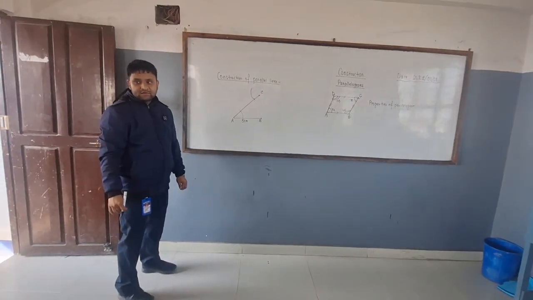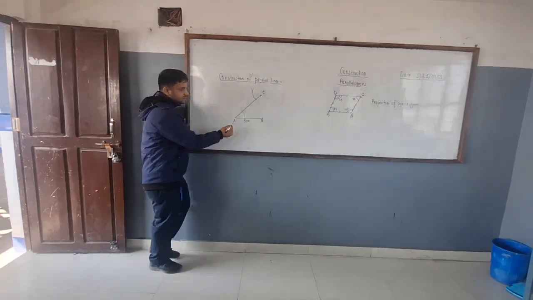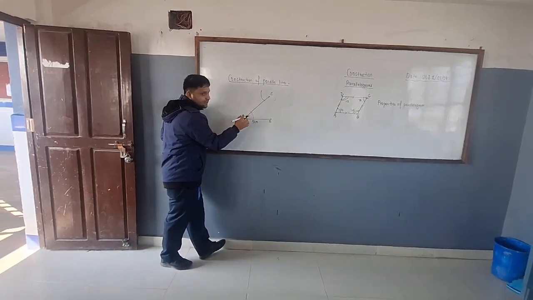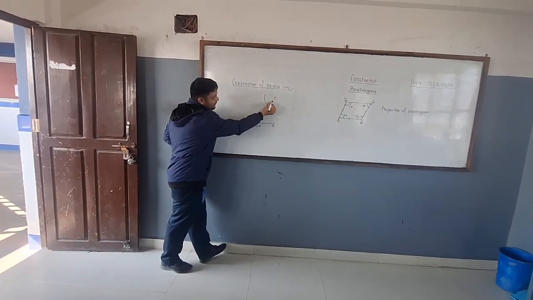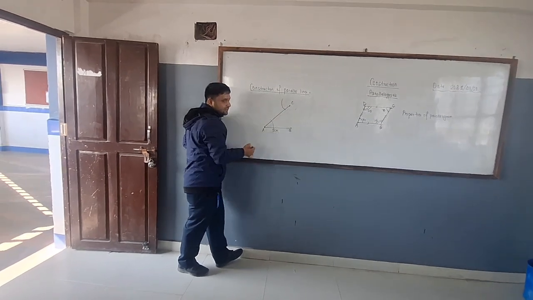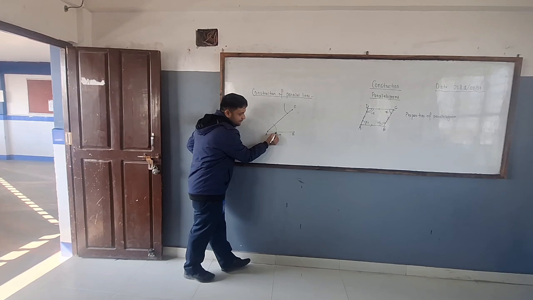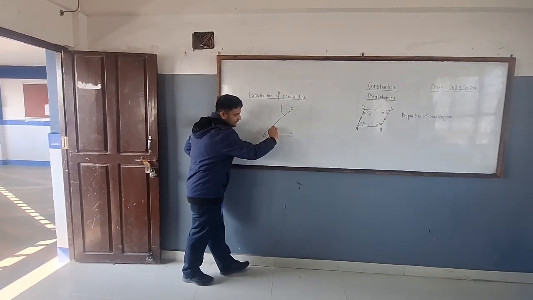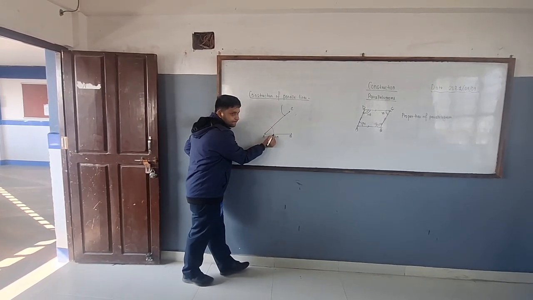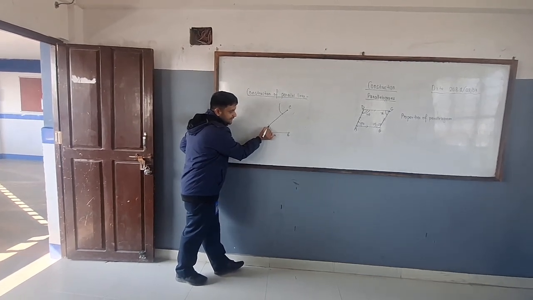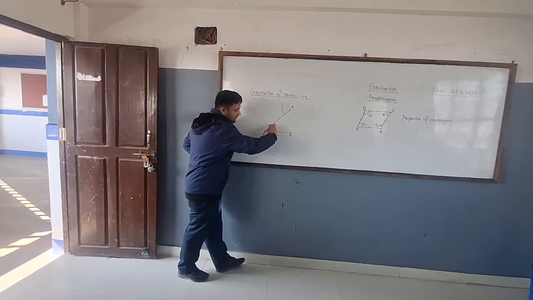Have you done it? What did we first do? I kept the compass at A with a suitable radius, and I kept the compass at C and drew the arc with the same radius. Have you done it? Now to make this angle equal, keep your compass here at this point and mark this point in your compass this way.